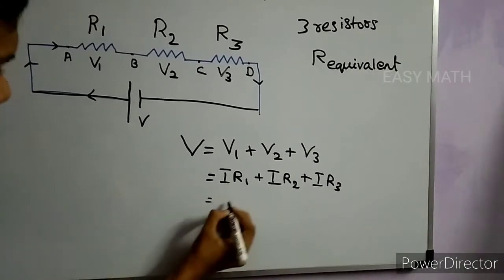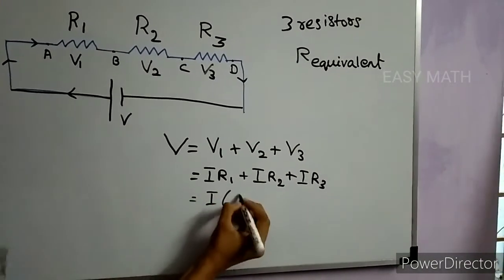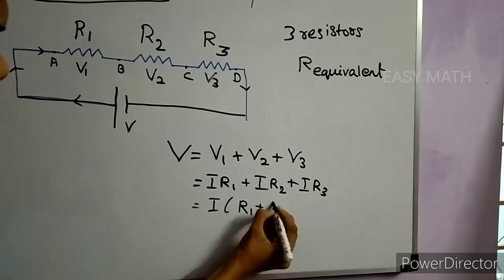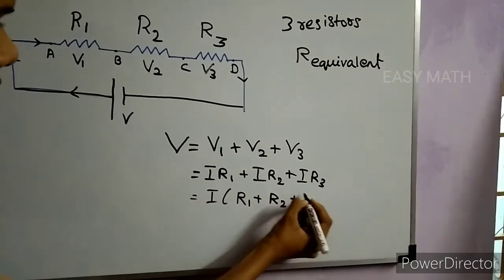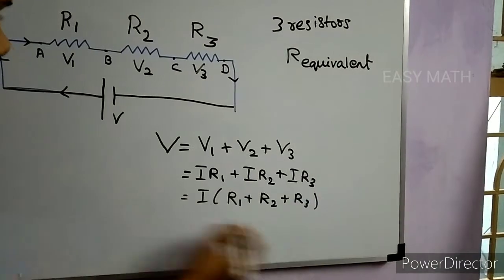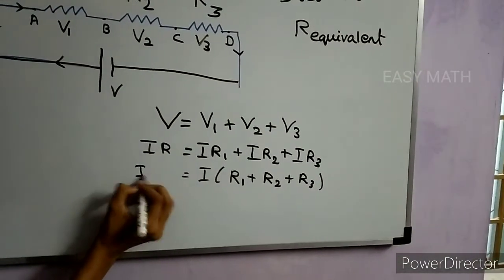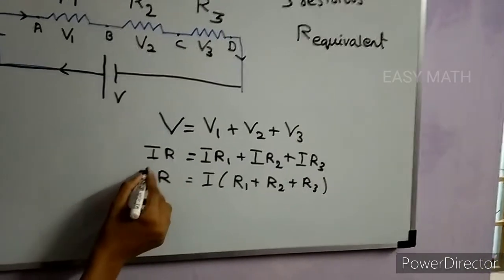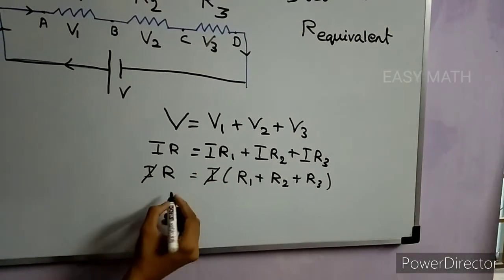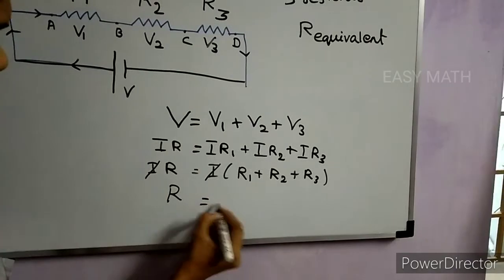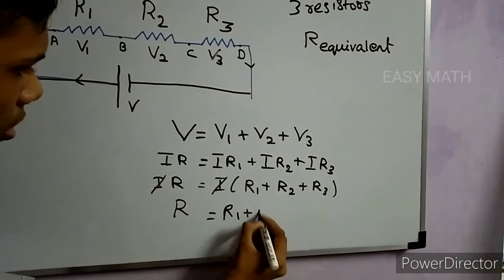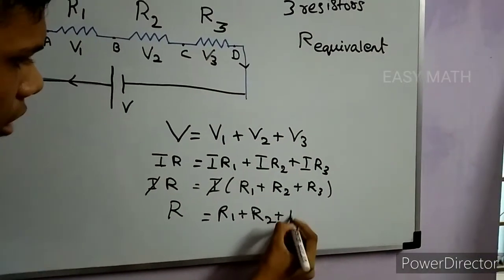I is common, so we take I common: I times R1 plus R2 plus R3. We know V is equal to IR from Ohm's law. You can cancel I on both the LHS and RHS. Then R is equal to R1 plus R2 plus R3.